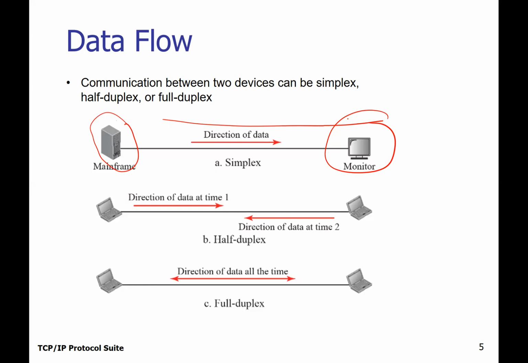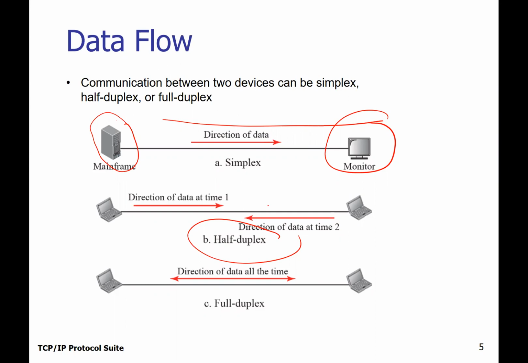The second one is two-way: half duplex. What does half duplex mean? It's going to be on the exam. It only happens in one direction at a time. So you cannot speak and listen at the same time, correct?